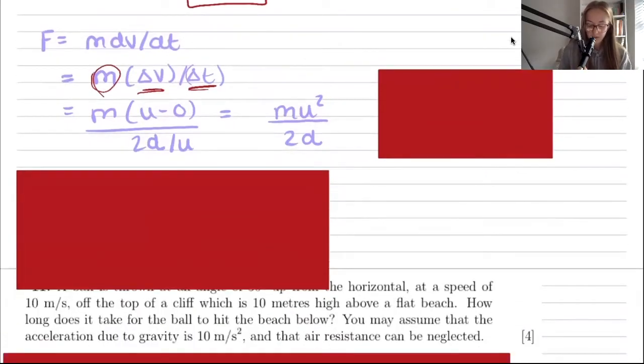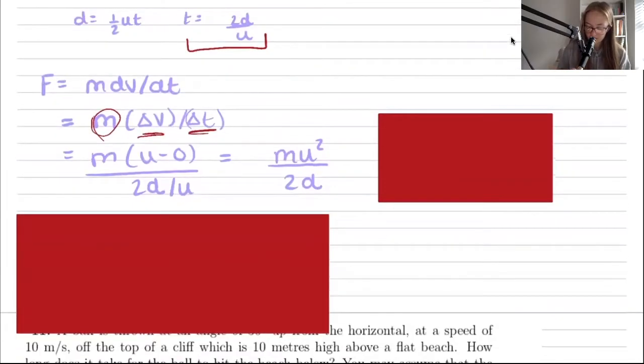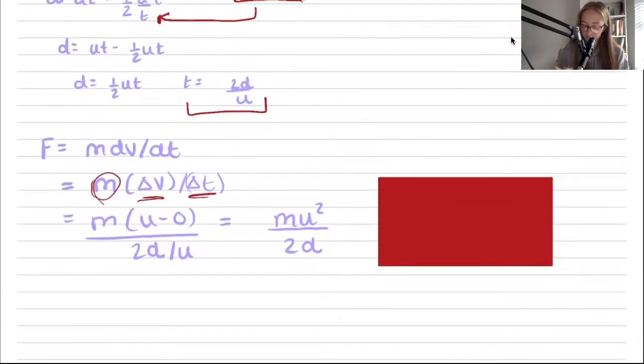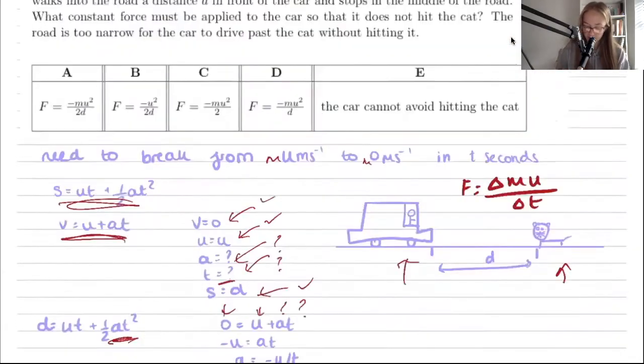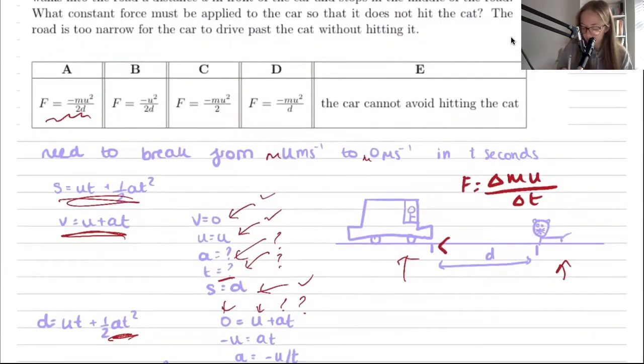So we can say that our mass times u minus 0, which is our change in velocity, divided by our time, 2d over u, is mu squared over 2d. And that is our answer, A over here. Don't worry too much about the signs. That's just saying that it's a braking force, so it'll act in this direction to slow us down.